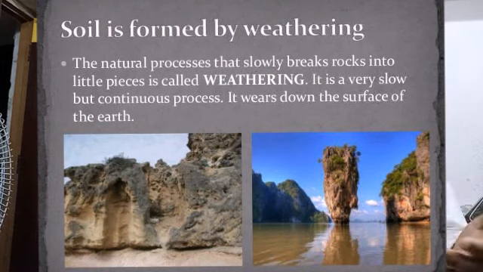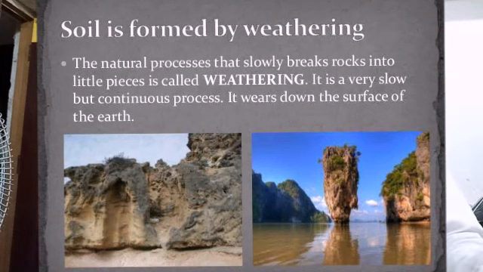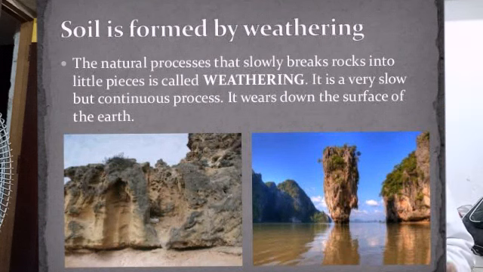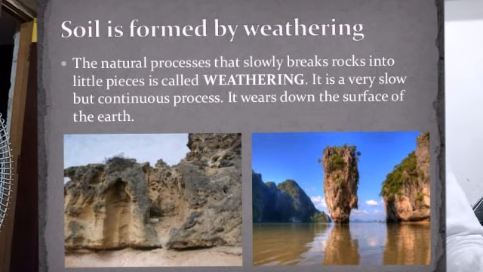Now comes the next, that is horizon B or middle layer. This layer is less dark than the upper layer or top soil or horizon A. This layer is a little more compact than the top soil, and it is normally harder than the top layer.